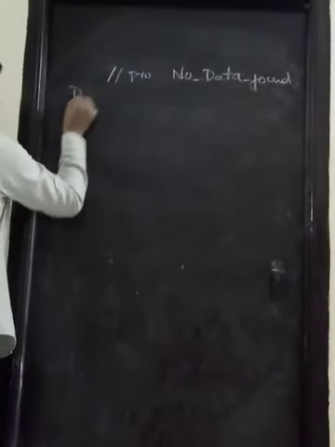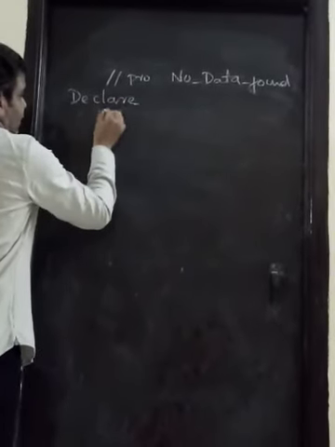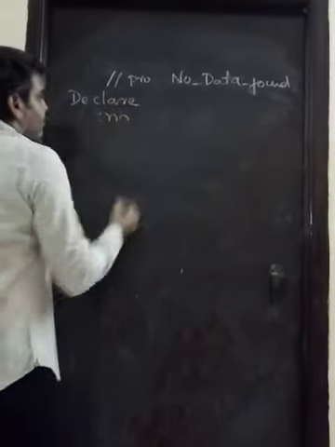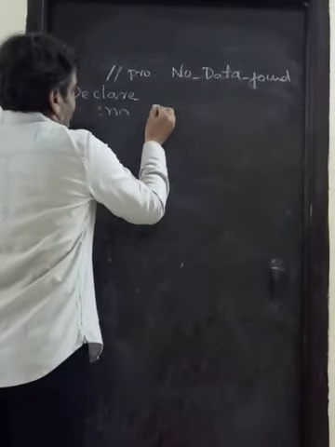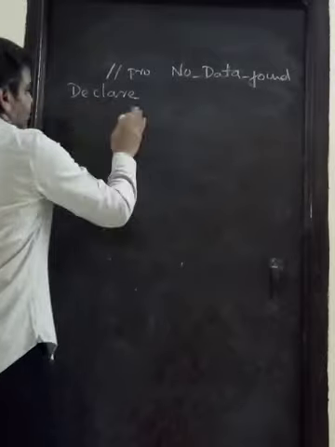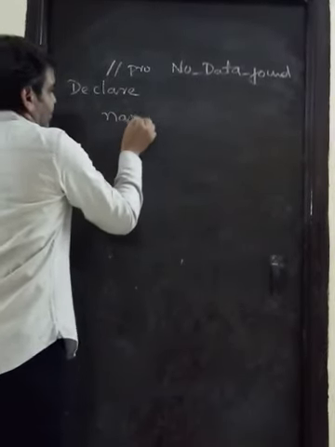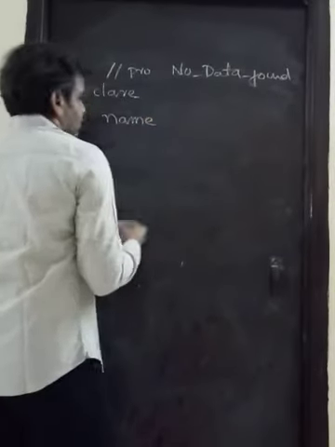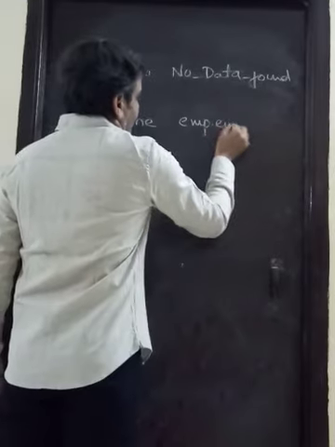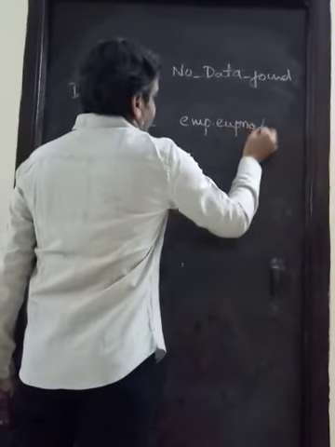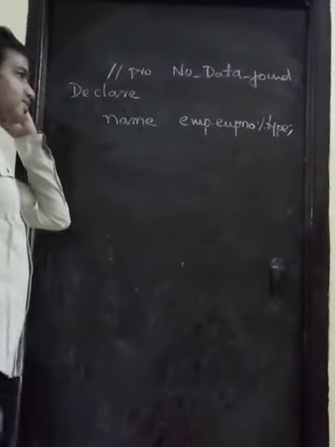First of all, declare. E number, so just we will take it as an employee number. Okay, name, we are accessing from the employee table, employee number percentage type. Okay, we discussed it.